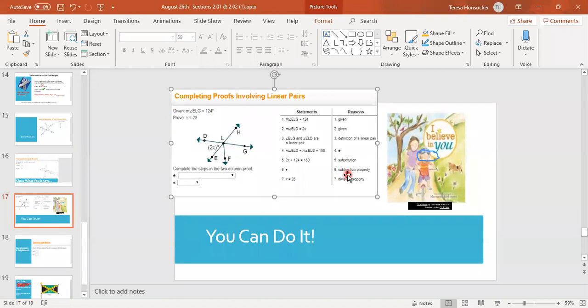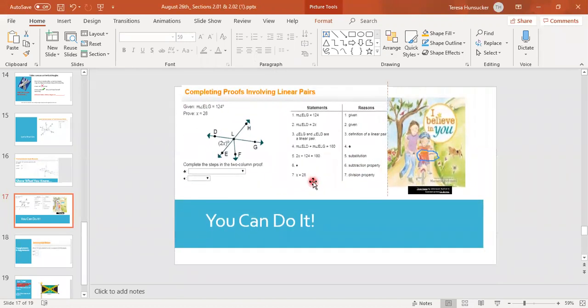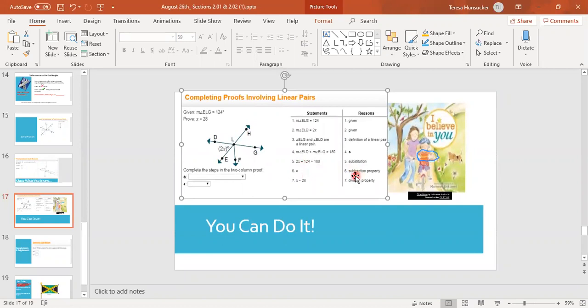Now, statement 6, it's blank, but the reason is subtraction. So we're going to subtract 124 from 180, and we're going to get 2x equals 56. That's the statement we're going to put right here.